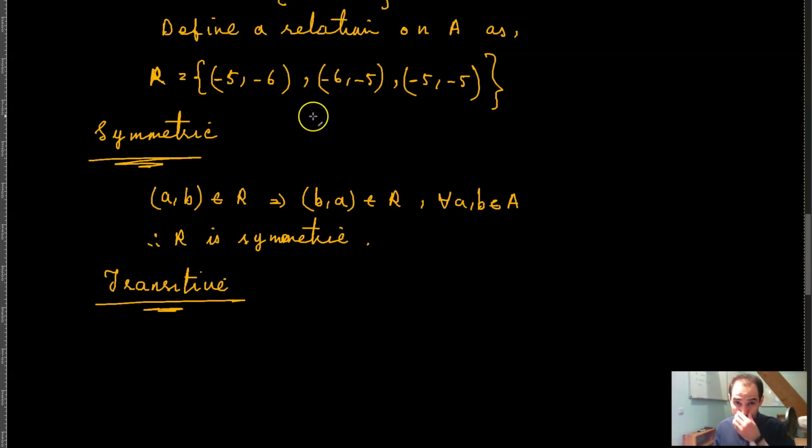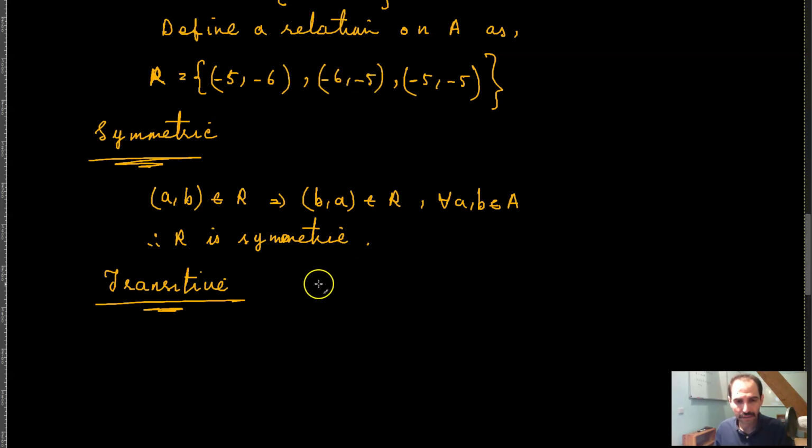And of course it's important to note that each and every possible pair of elements must be taken together, and then you can decide whether the relation is transitive or not. Meaning that, for example, these two you can't take them together, because the second element here is -5 and the first element here is -6.